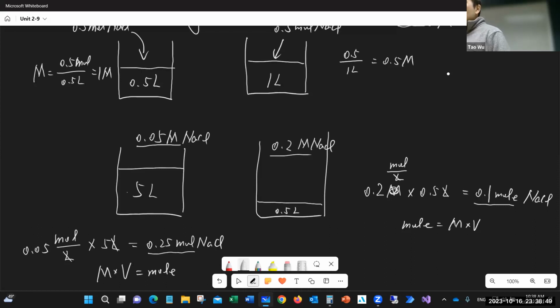That's why I want you to be clear that molarity is not equal to mole. That's a totally different concept. Mole talks about how many molecules there are, and molarity talks about how many molecules are in a certain unit of volume.